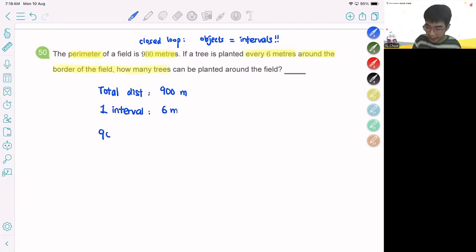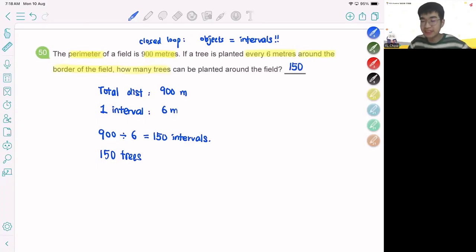You will just do 900 divided by 6, and you will realize there are 150 intervals. Now, since there are 150 intervals in a closed loop, how many trees do you have? You will also have 150 trees. In a closed loop, the numbers of objects and intervals are equal.